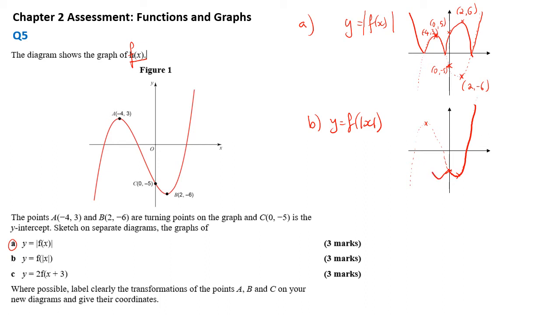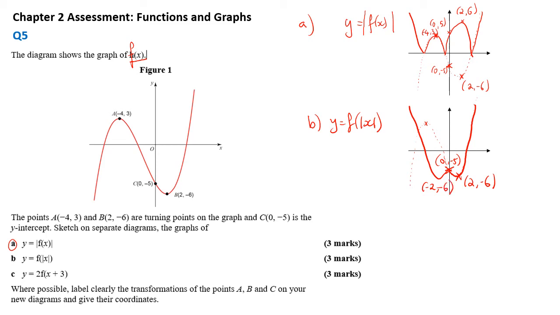So it's a reflection in the y-axis. So our points on the axis there, 0, minus 5 is exactly the same point. This point here, 2, minus 6 is exactly the same. And if I put the x value minus 2 into f of x, that would return the same value as f of 2, which is minus 6.